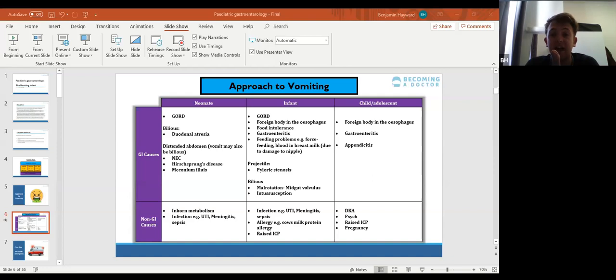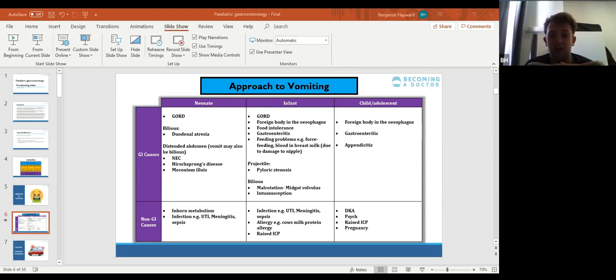Also abdominal distension, again thinking obstruction. A fever, so we're thinking infection. If it's projectile, you're thinking pyloric stenosis. If they're in severe abdominal pain, you might be thinking appendicitis, or something like volvulus. And then are they dehydrated? Have they been having fewer wet nappies and do they have a fast heart rate?